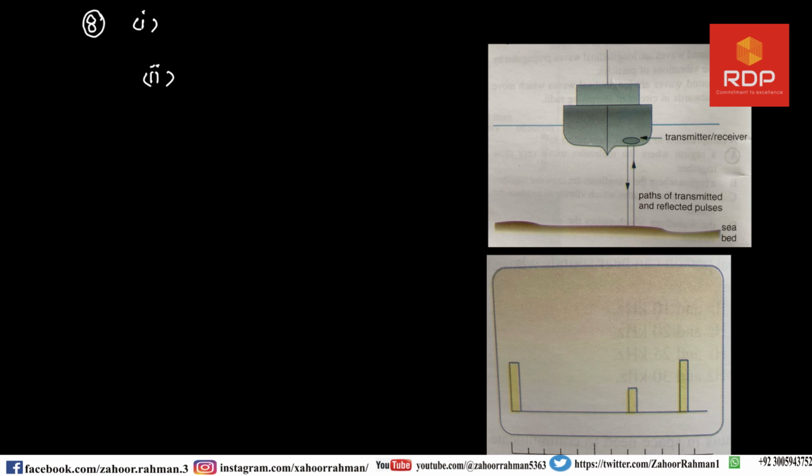Remember, I am telling you that this is not flat because we will need this in the final part, the third part. Let us first understand the first question. What is the time taken for a pulse to travel from the boat to the seabed and back, given that it is less than 10 milliseconds?